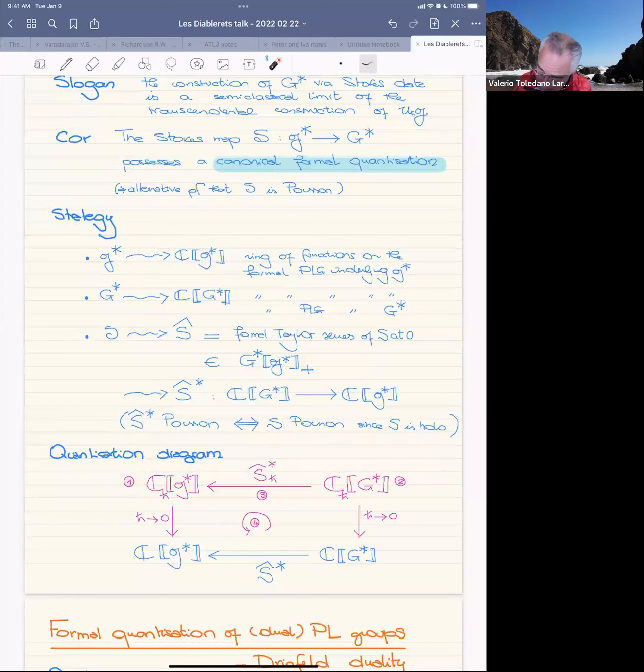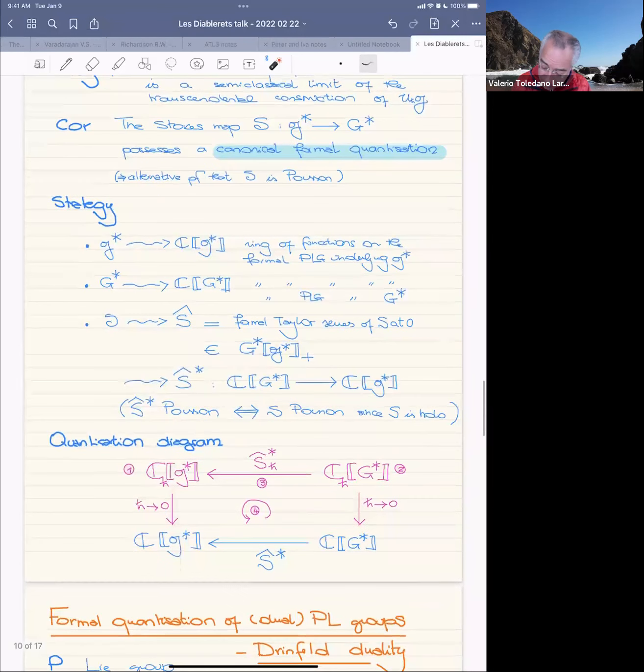And then I want to find an algebra isomorphism between these things, which I'll call S hat star H bar. And then finally, I'll want to say that this thing here is a quantization, in other words, that this diagram commutes where the vertical arrows are simply specialization at H bar equal to 0. Okay, so let me first tell you how you do this and that.